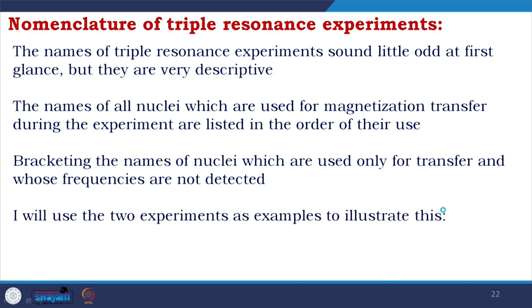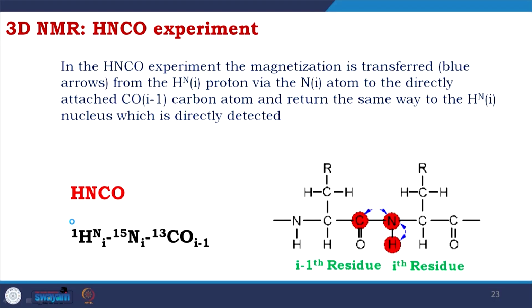I will use two experiments as examples to illustrate this, HNCO and HNCACO. So, as I told, HN and C, but here C alpha is also used, whose role is to transfer, but its frequency is not recorded. HNCO experiment. In the HNCO experiment, the magnetization is transferred.